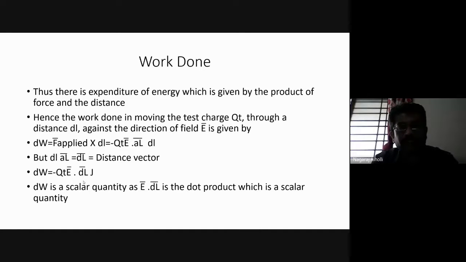Dot product will always give us the scalar value, magnitude. Therefore, the work done is also a scalar quantity.